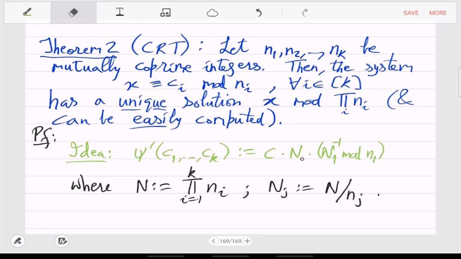And let me just make it compact. Is that clear? So that's the expression I have given you, and then it's a routine exercise to check that it works. This is the generalization of k equal to 2 to any k.